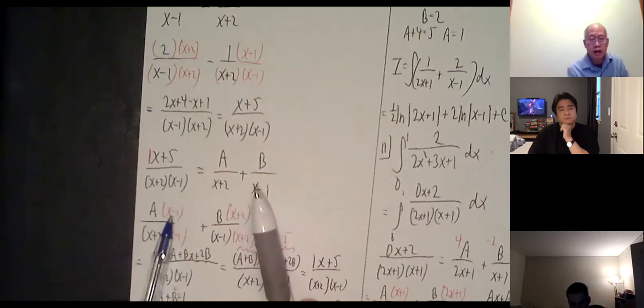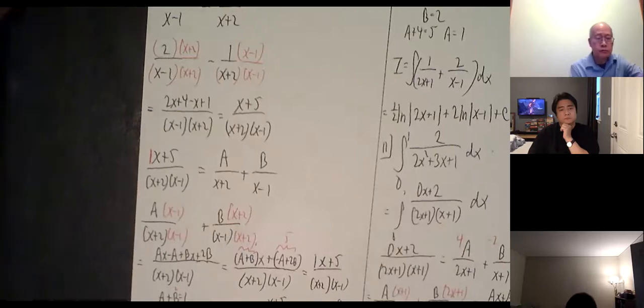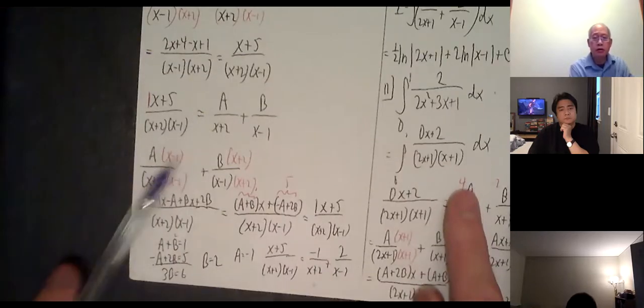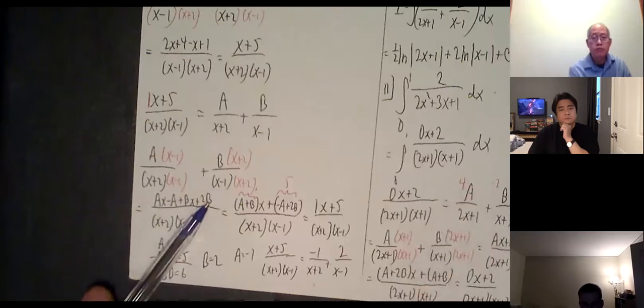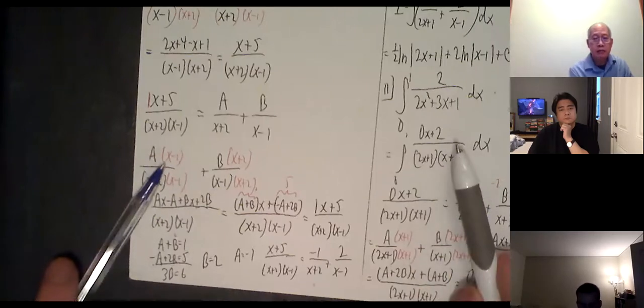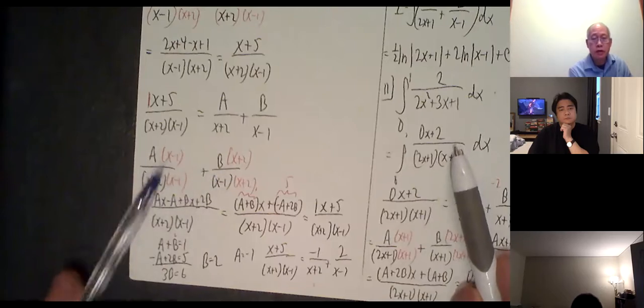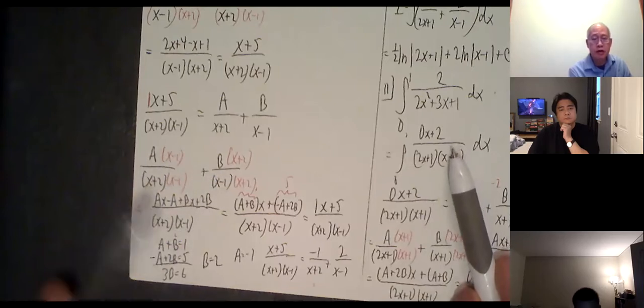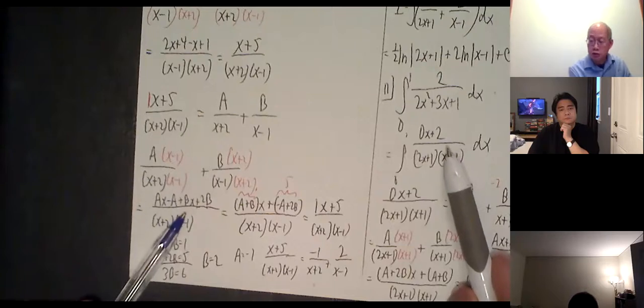So multiply this side by x minus 1 over x minus 1, and multiply this side by x plus 2 over x plus 2. So now you have your common denominator. Work out the top: ax minus a plus bx plus 2b, over the common denominator x plus 2, x minus 1.